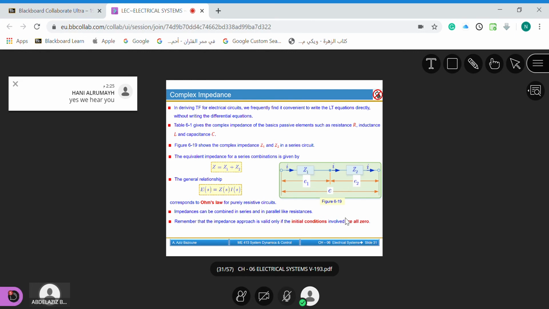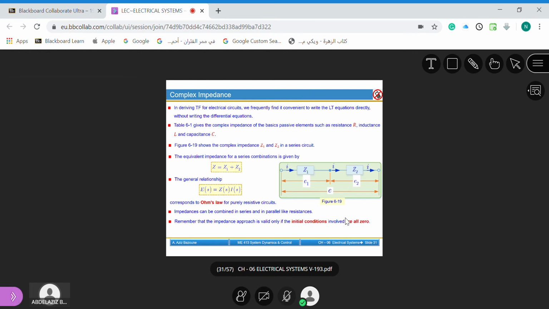Shabab, there is another method. It's called the complex impedance method. We deal with it like Ohm's law, which says voltage V is equal to Ri.